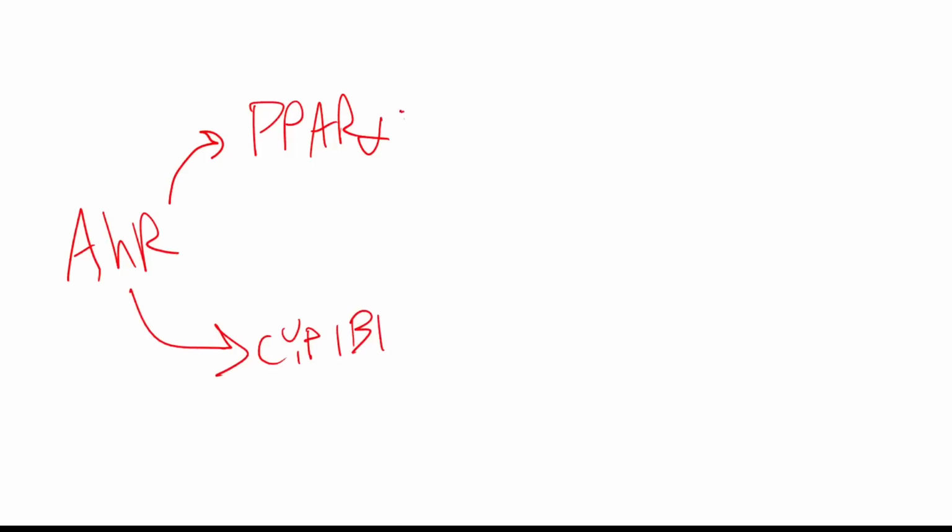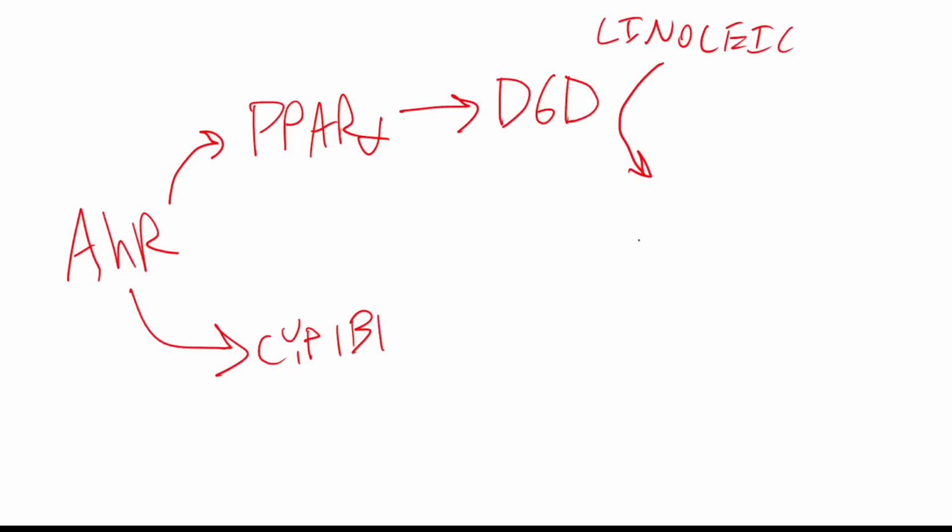PPAR alpha activates delta 6 desaturase. Of course, delta 6 desaturase takes linoleic acid and it converts it to arachidonic acid. We'll just call that AA. CYP1B1 takes that arachidonic acid and it converts it to, let's say, 5-HETE.